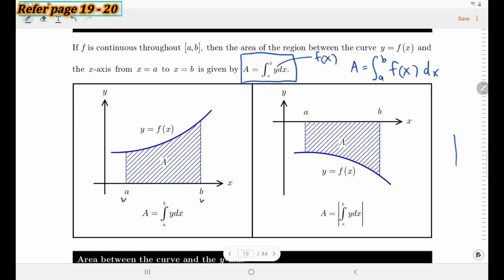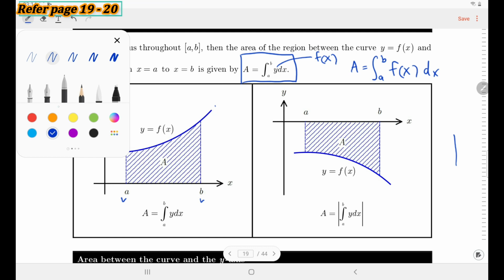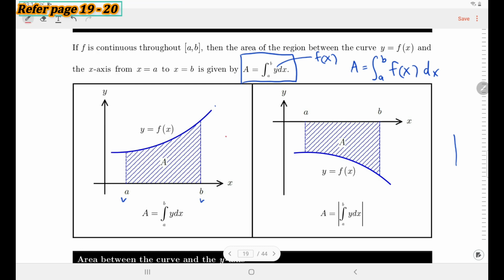If you look at the sketch on the left side, the curve is above the x-axis. So the area under this curve from A to B, we use this formula.